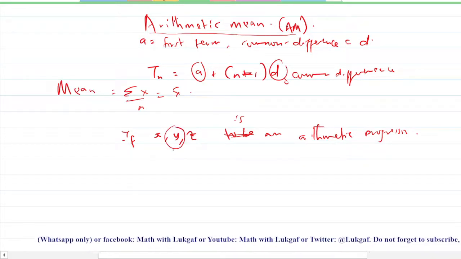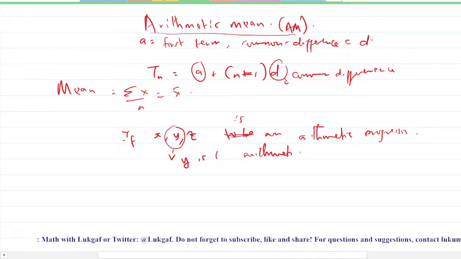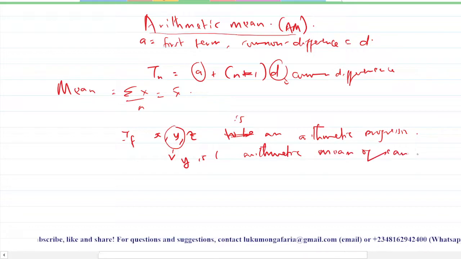Are you getting that now? So y is the arithmetic mean of x and z.